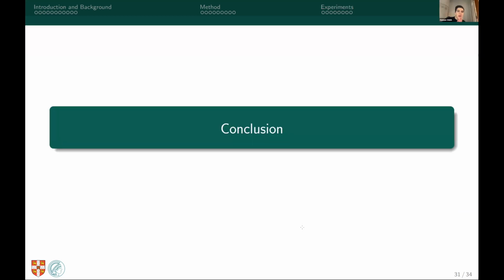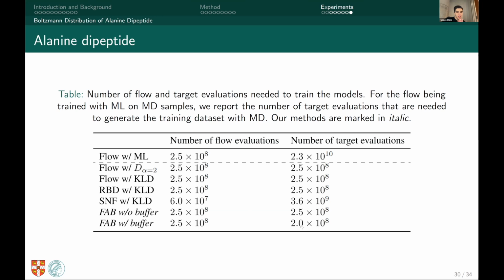Okay. So for you, I think you said you take 1 million samples to train your maximum likelihood flow. Is that correct? Yeah, exactly.